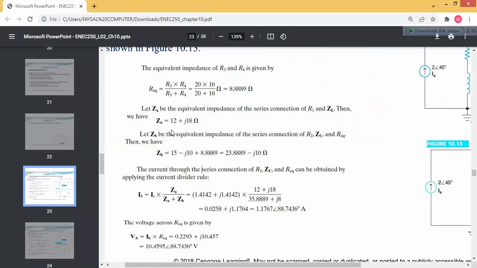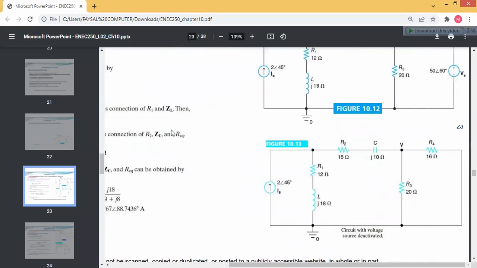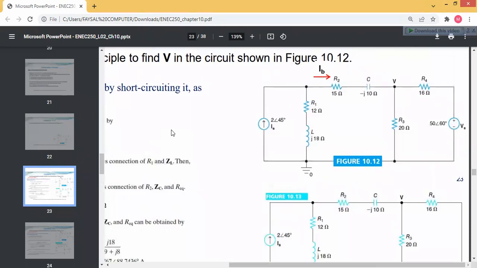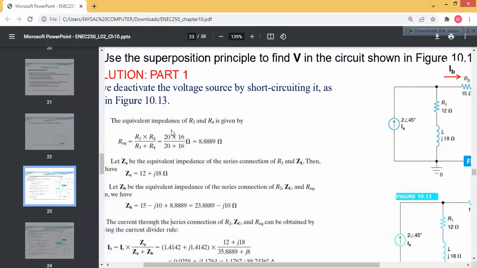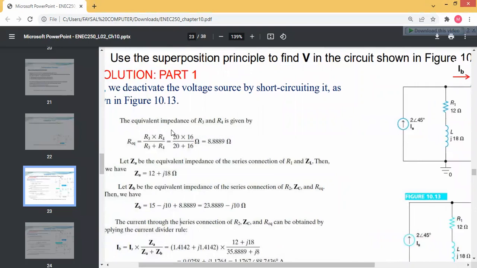So the equivalent impedance of R3 and R4, which is given here, will be R3 multiplied by R4 divided by R3 plus R4.